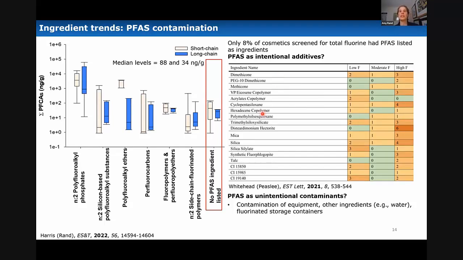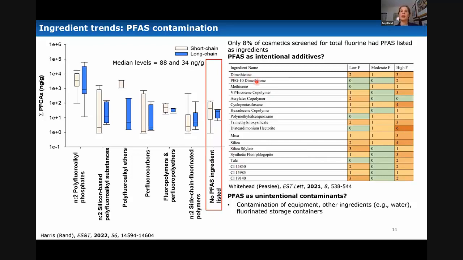And so ingredients like mica, silica, talc, various different colorants shown here, have the potential for being treated with different PFAS, which would not be included on the final ingredient list because they do not serve as a final ingredient like, say, mica or talc would.